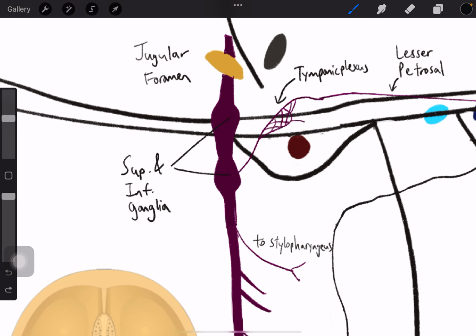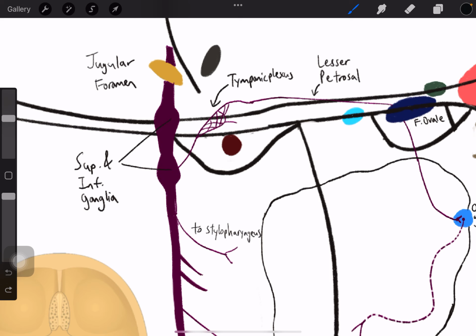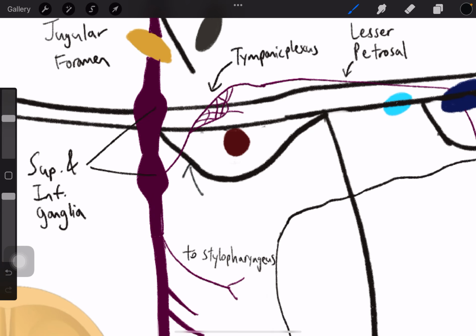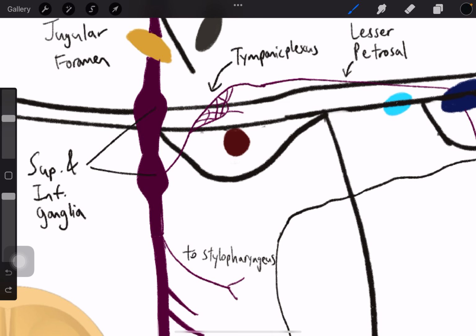After it comes out, it creates 2 ganglia, the superior and inferior ganglia. From the inferior ganglion comes our star player, the lesser petrosal. But it doesn't come out as the lesser petrosal yet. First, it comes out as the tympanic nerve. How you visualize this is that the tympanic nerve pierces the bones that lead to the middle ear.